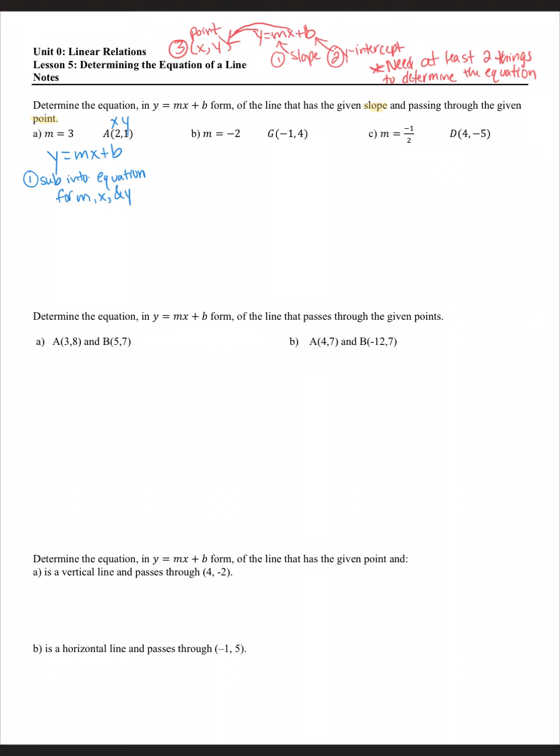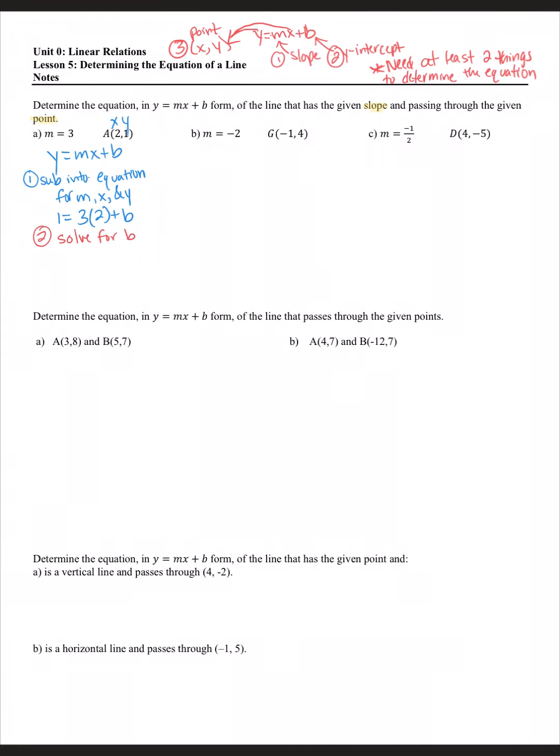So in for y, we're going to put a 1, and in for our m value is 3, and our x value is 2, plus b. Okay, so we've substituted all that in. The next thing we are now going to do is solve for b. So using our algebra knowledge, we'll solve for b.